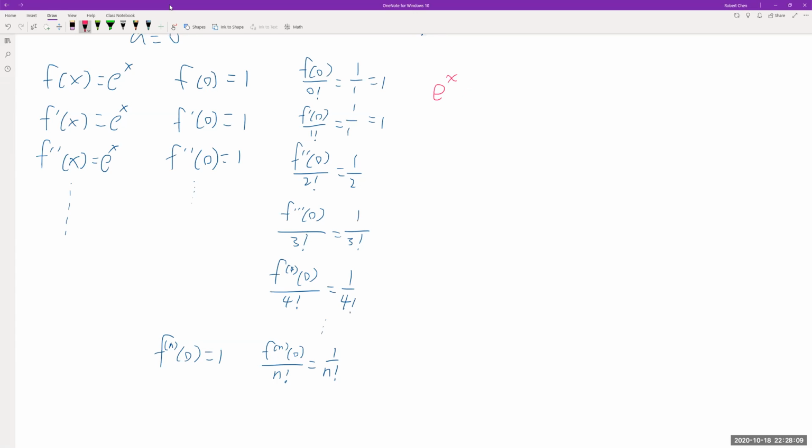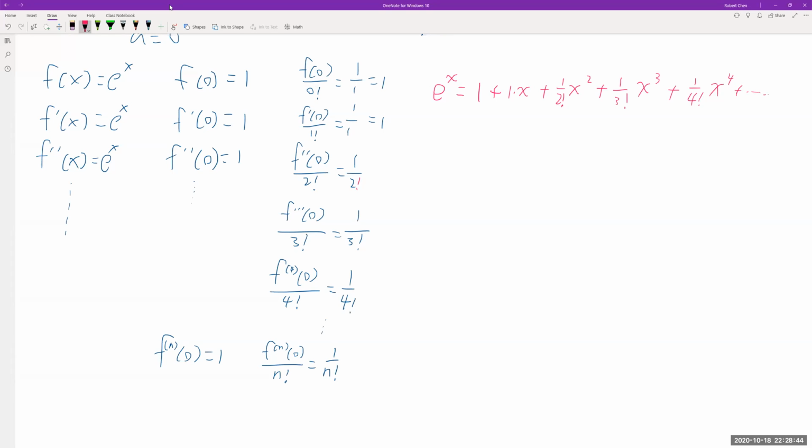So e to the x is equal to 1 plus 1 times x plus 1 over 2 factorial times x squared plus 1 over 3 factorial x to the third power plus 1 over 4 factorial times x to the fourth power, and so on.